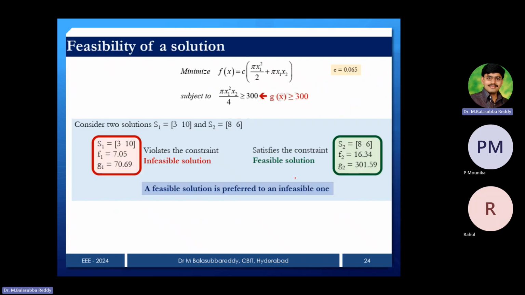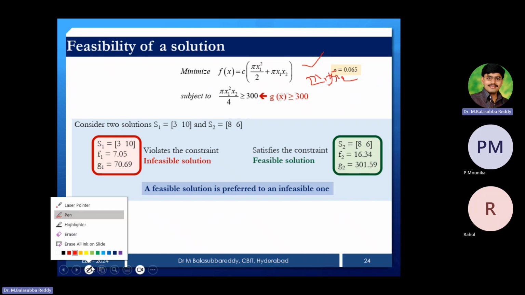Now, feasibility, as I mentioned: feasible solution and infeasible solution. For that, I'm giving one small example to understand. You can take any function, such as x1 plus x2 or 2x1 plus 5x2. That is one function, let us assume that.